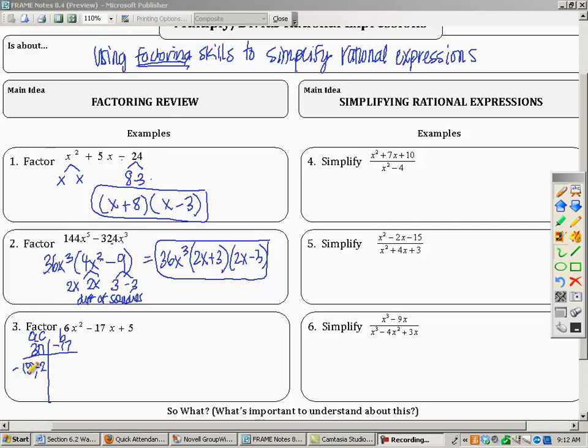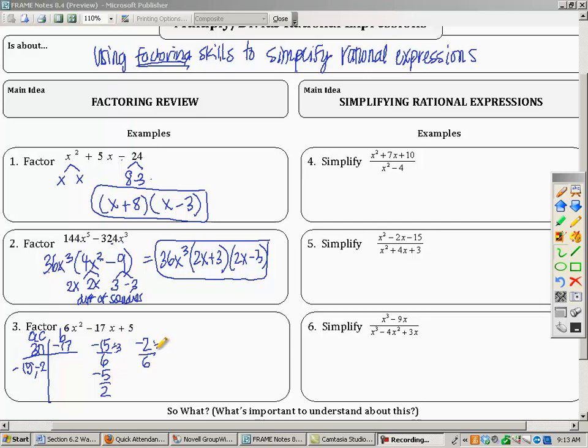And because negative 15 plus negative 2 is negative 17, I take each of these terms, negative 15 and negative 2, and I divide it by the value of a. And the value of a is 6. Once I divide it, I want to see if I can reduce. I can divide the first one by 3, and I get negative 5 over 2.